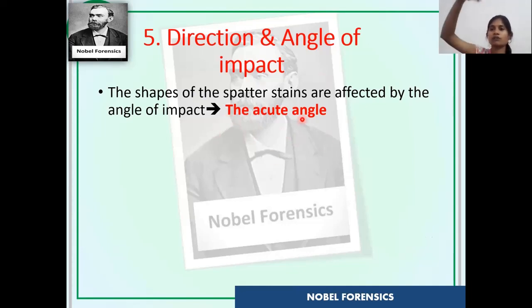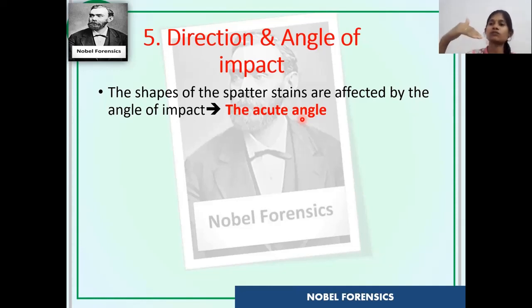For example, if a drop falls from a 90-degree angle, then a round shape is formed. But whenever it is from different angles like 30, 40, or 50 degrees, then the shape of the blood stain will be different. It is not in a round shape. Only from a 90-degree angle is it round. So based on the shape of the blood stain, we can identify that acute angle.